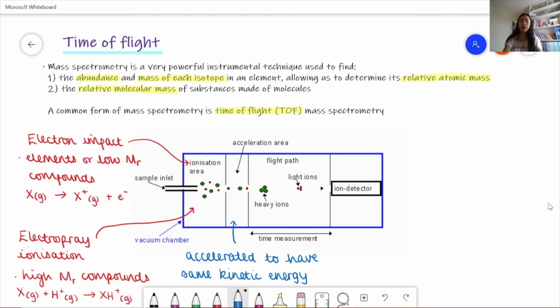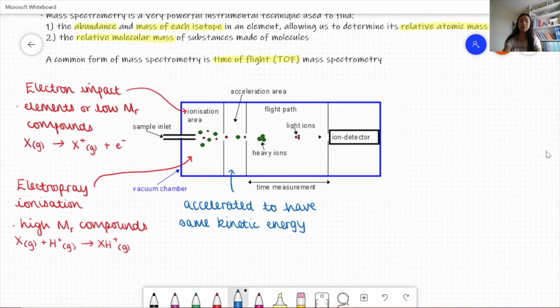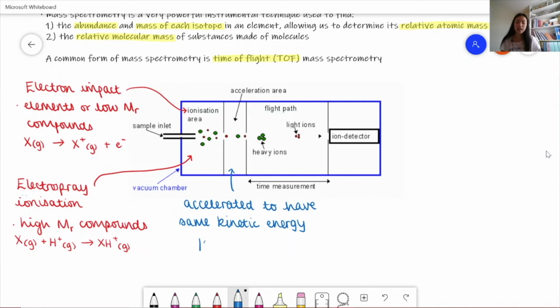And we have an equation for the kinetic energy, and it's KE is equal to half mv squared. So kinetic energy is measured in joules, and then m is the mass, measured in kilograms, and v is the speed of the ion, measured in meters per second.